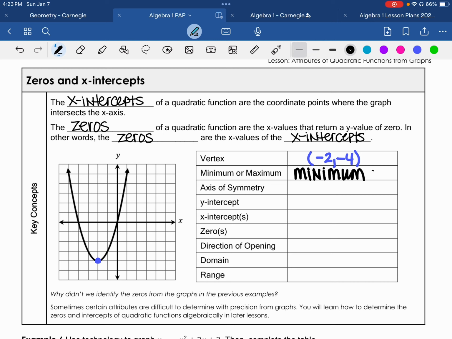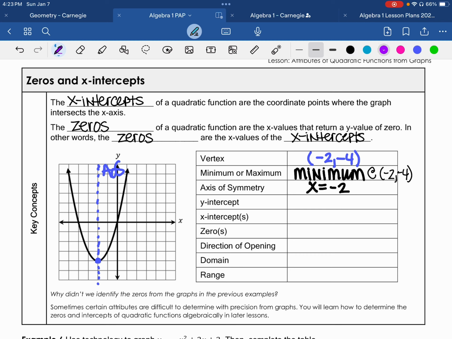And yes, my minimum is at -2, -4. My axis of symmetry is going to go, remember, vertically through that line. There's my axis of symmetry. And it's going to be x equals every single time the x value of my vertex or my minimum.